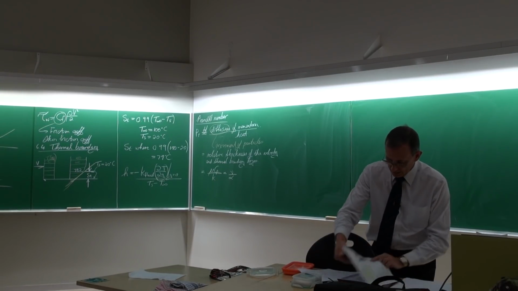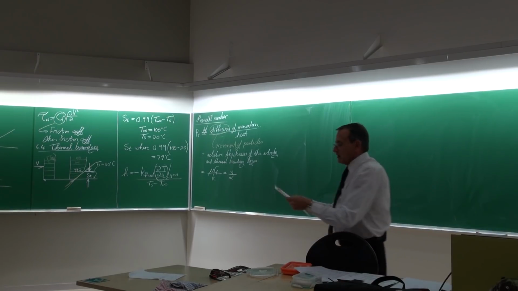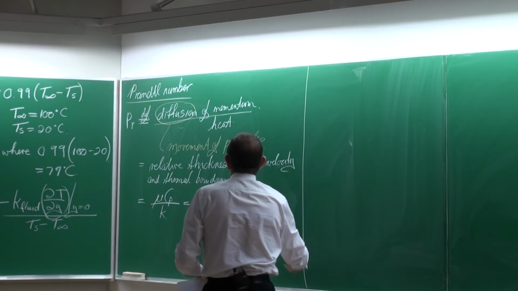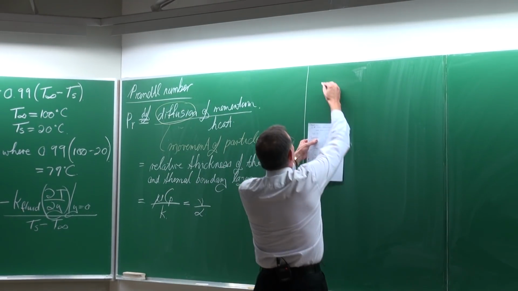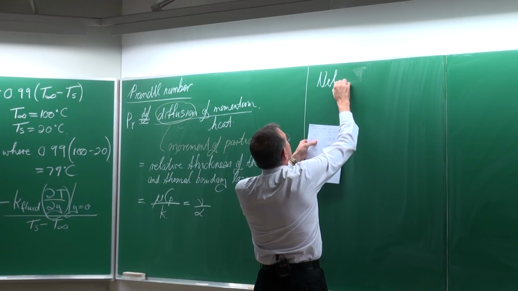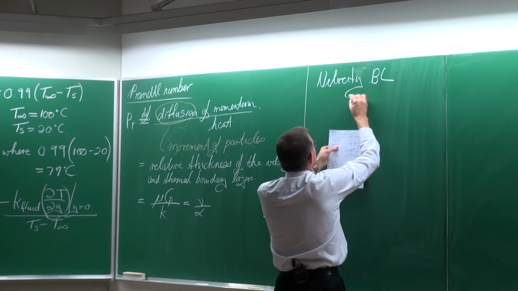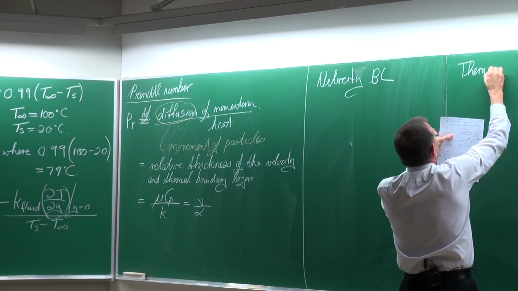Okay, now, where's my page? Here it is. Okay. So, in terms of understanding what this now actually means, I'm going to show it to you schematically in terms of the velocity boundary layer. BL is just boundary layer, and this would be the thermal boundary layer.